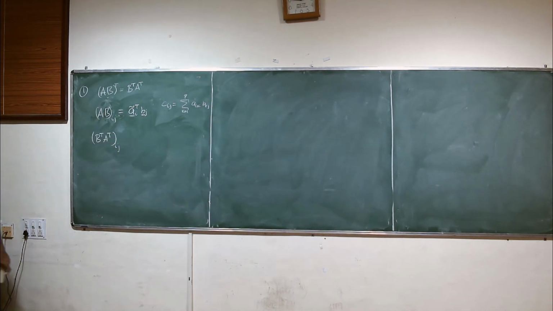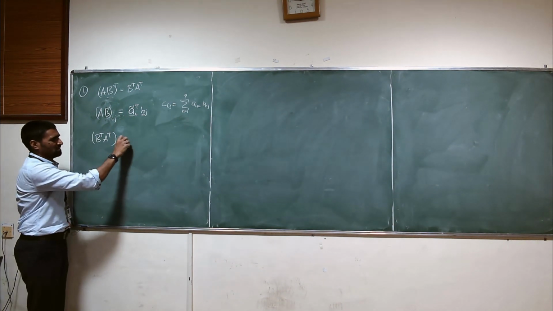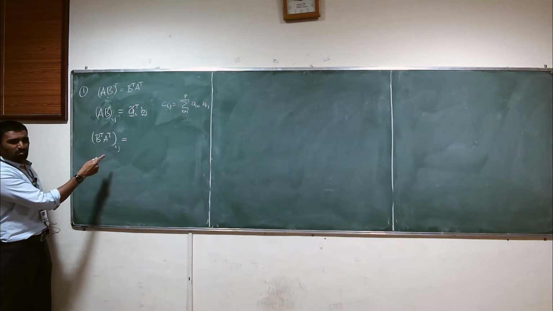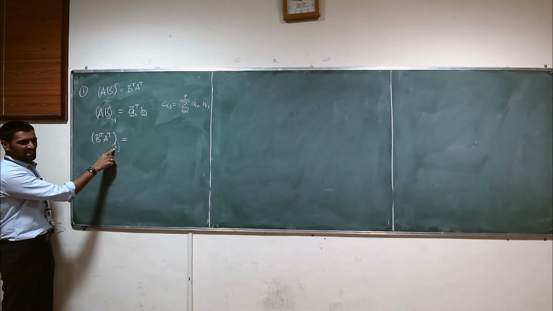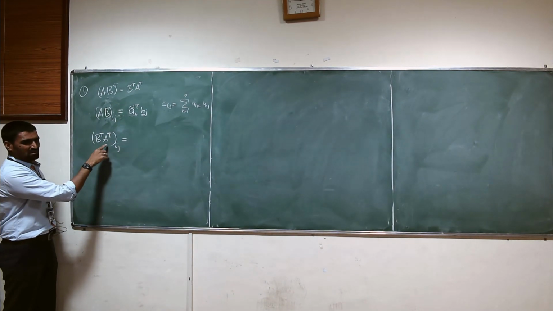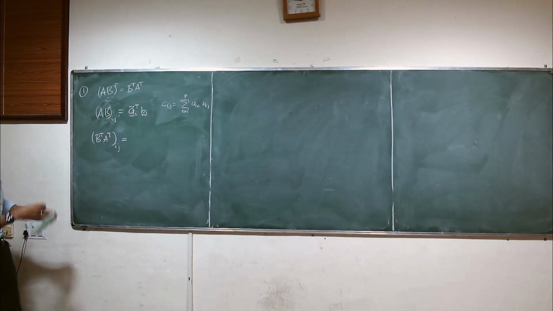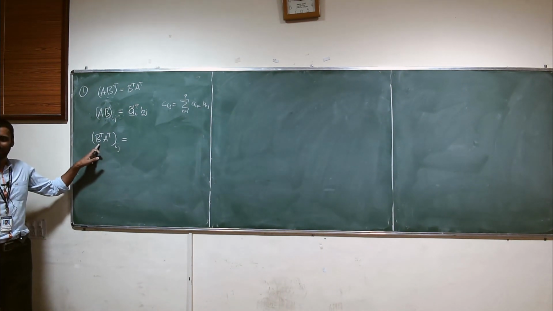Let's leave it there for now. Now the inner product view, that means the ijth element would be the ith row of this B. What is the ith row of B? Not B, B transpose.